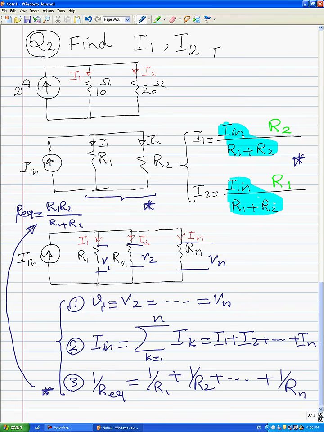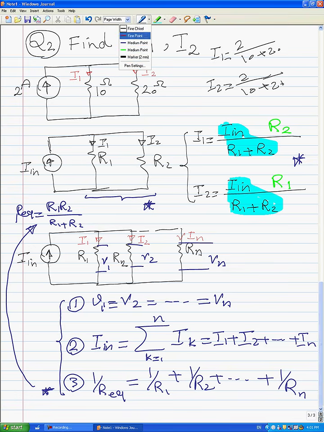For this question, I1 and I2 are not equal. For I1, total current is 2, over 10 plus 20 here, and again for I2, 2 here, over 10 plus 20 here, and only for I1, here is R1, here is R2.